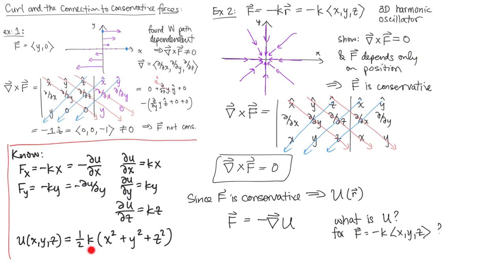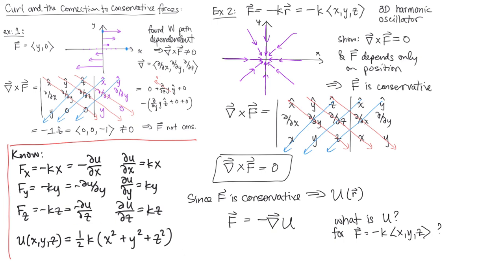How did we know to write this? Well, we know that for a one-dimensional spring, the force is equal to minus kx, and the potential is 1/2 kx squared. And we just treat each of those three directions equivalently, including the z force, like so. And that allows us to expand to a potential in 3 dimensions.